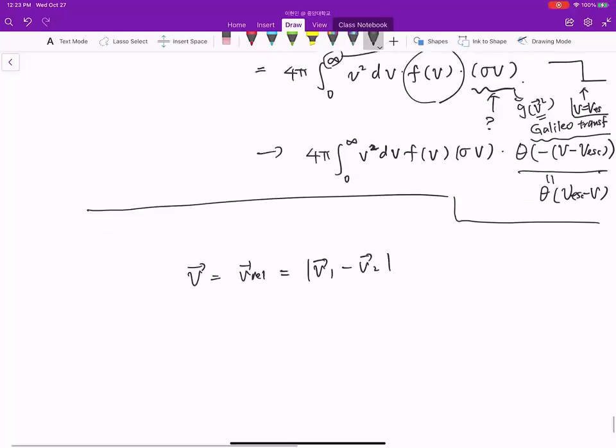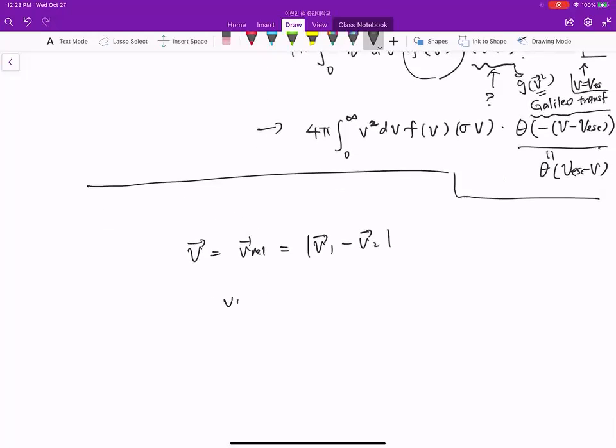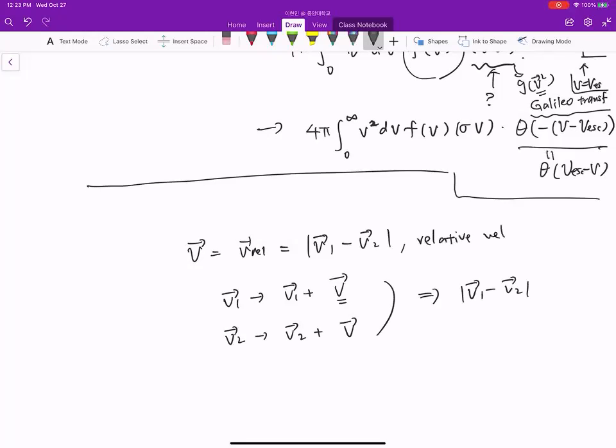The Galileo transformation transforms the capital V, so this is the frame dependence, right? But this combination, the difference, is the relative velocity, and it's an invariant.